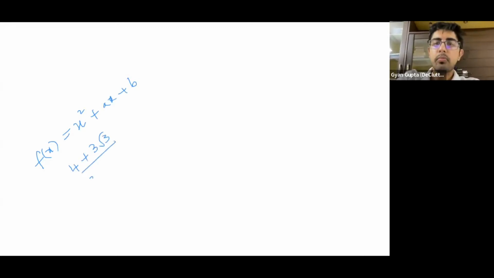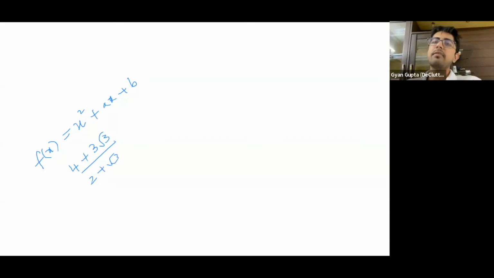Now for the solution. Let's look at the first part of the question, which says that f of x is x square plus ax plus b has one of the roots as 4 plus 3 root 3 by 2 plus root 3. Now, one very interesting thing we had learned when we were learning irrational numbers in ninth grade is irrational numbers in the denominator is something that is not great.